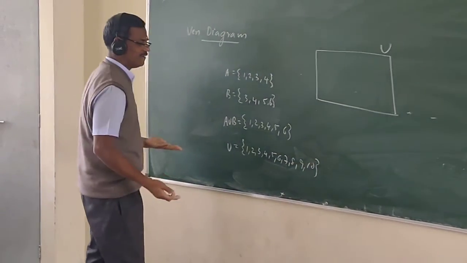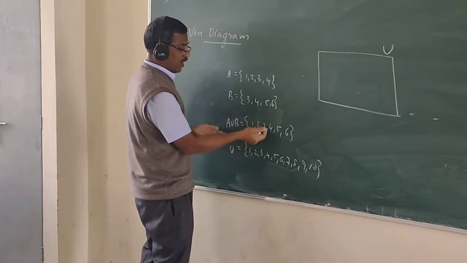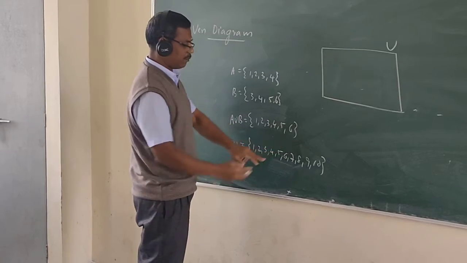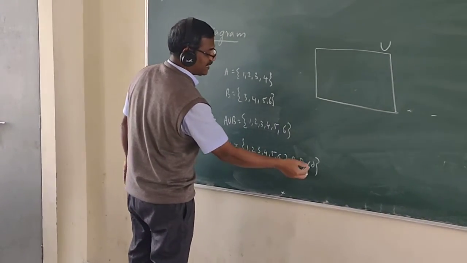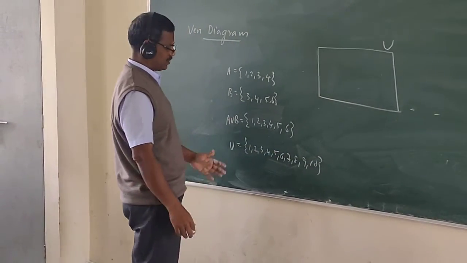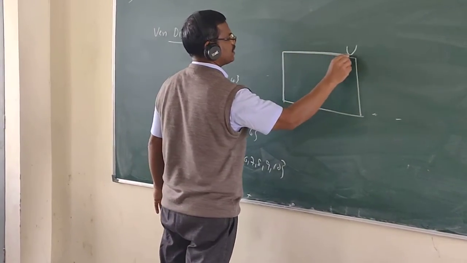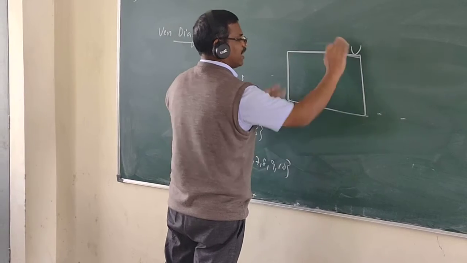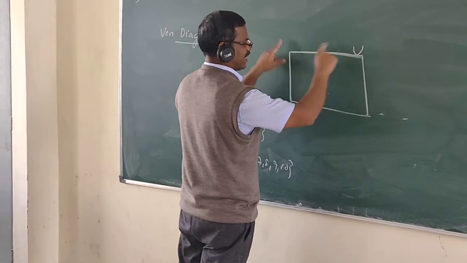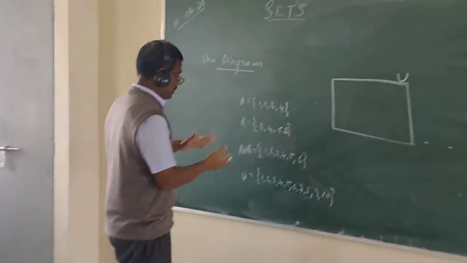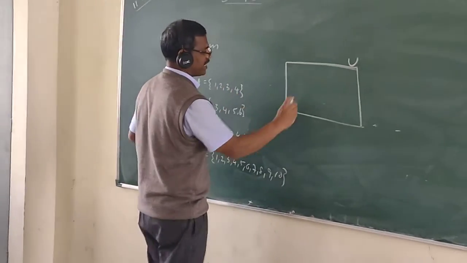Even just one element more than this is sufficient to call it a universal set. I have put 7, 8, 9, 10. You can put so many elements, and you do not need to worry about this. We put it in a square, a rectangle, that marks a universal set. That means these two sets are going to be inside.